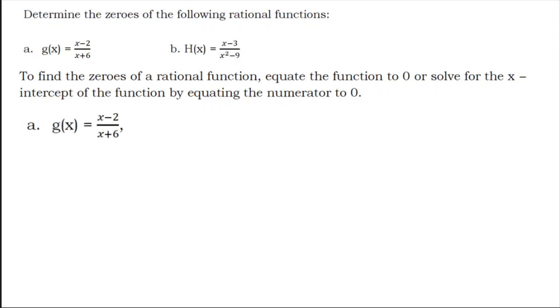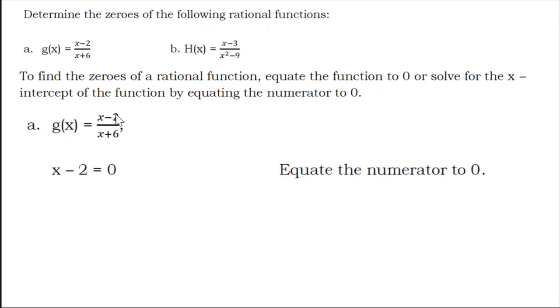So for problem A, g of x is equal to x minus 2 over x plus 6. So equate the numerator, which is x minus 2, to 0.